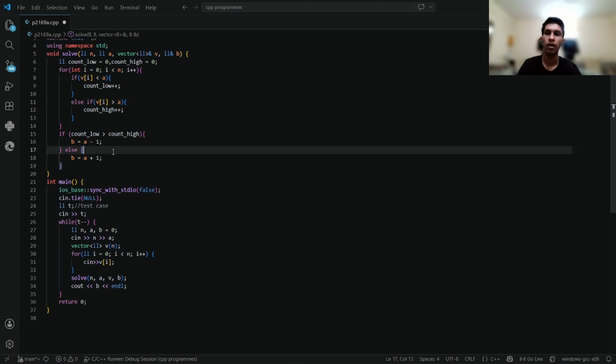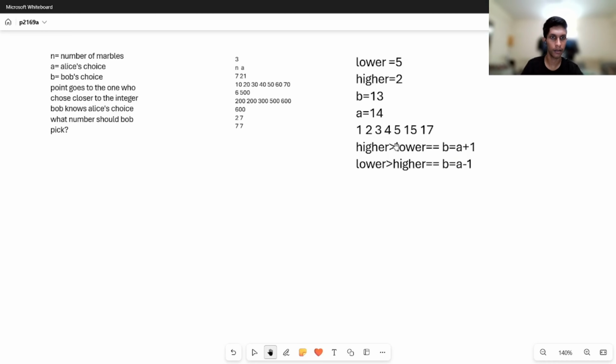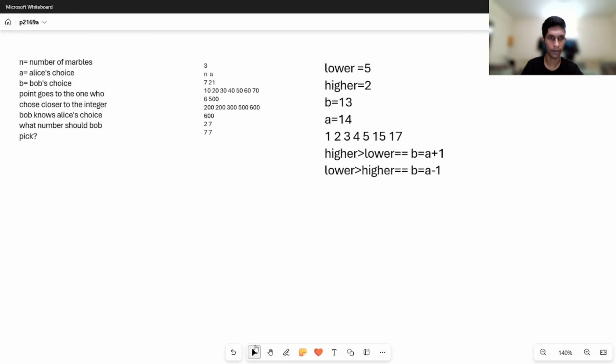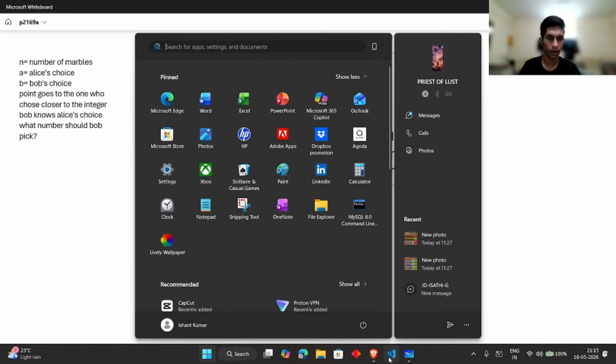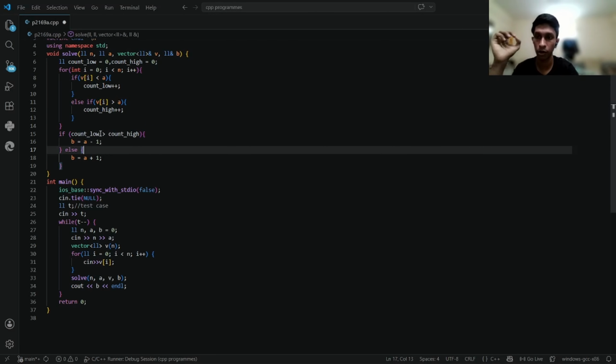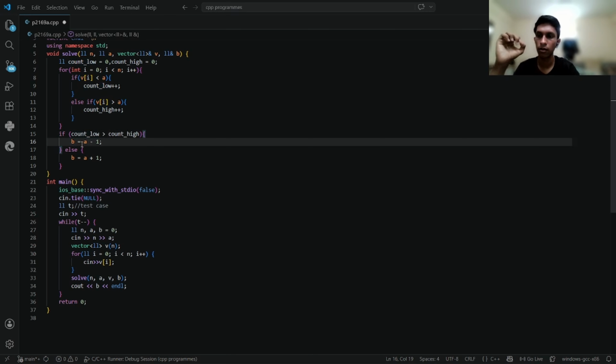And at last, this is the comparison we are doing: whether the lower count is greater than the higher count. If the number of lower is greater, we'll let Bob choose a number which is exactly one decremented from Alice's number, and we'll get all the lower count values since the number of lower points are greater than higher points.